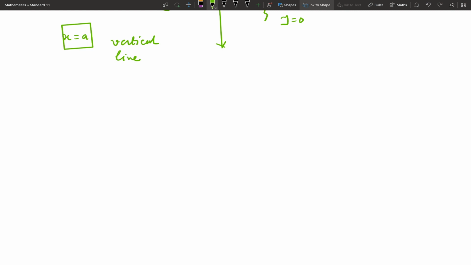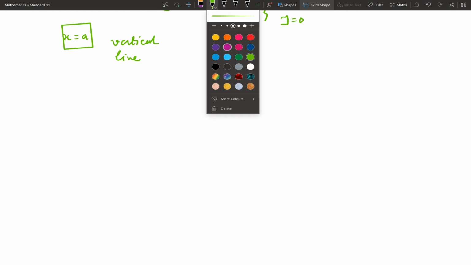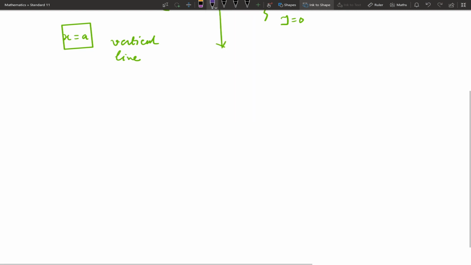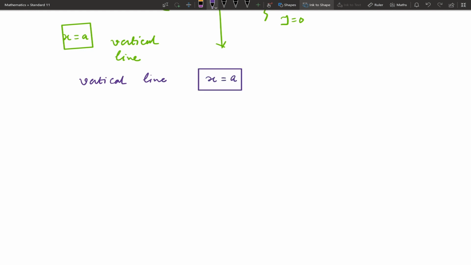Similarly, for a vertical line, its equation is of the form x equal to a.